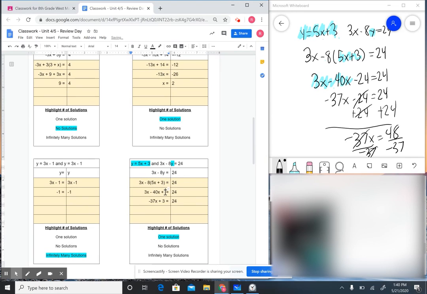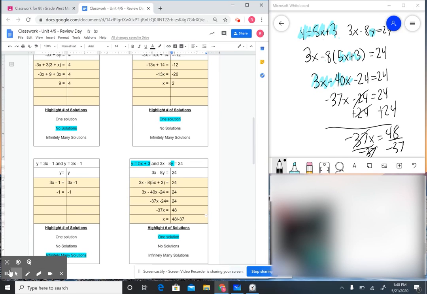So it should be 20 minus 24. And then we combine like terms. And then I added 24 to both sides. I get negative 37x is equal to 48. I divide by negative 37 on both sides. Again, I get 48 divided by negative 37. Okay. And then we're done there.